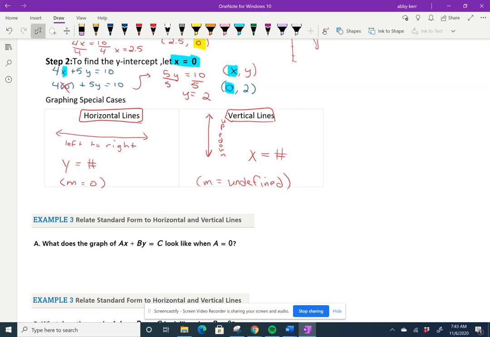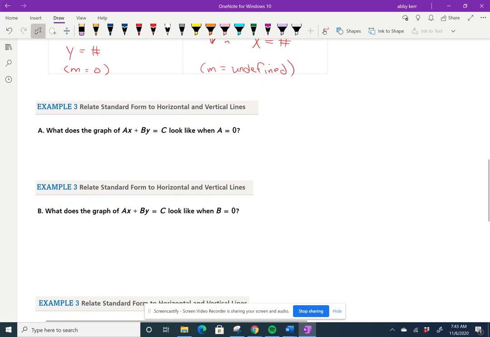Now let's see what this looks like in terms of standard form. So I mentioned before that the A, the B, and the C are just numbers. So to produce these special cases, the horizontal and the vertical line, one of those letters, A or B, needs to be 0.